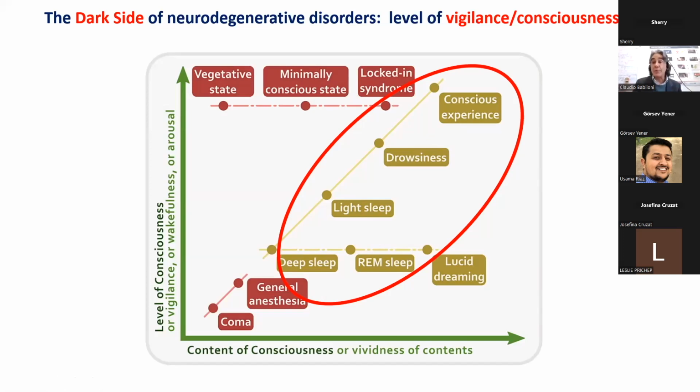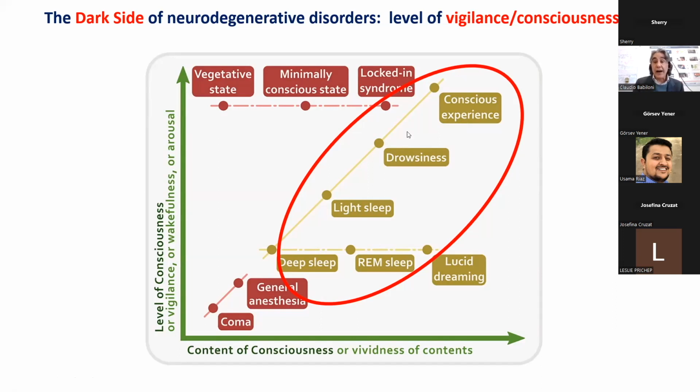And our proposal is that Alzheimer's disease and the related disorders have very significant effects on the regulation of vigilance. And that this is a dark side because it's not measured according to the clinical guidelines, no EEG in the clinical guidelines.